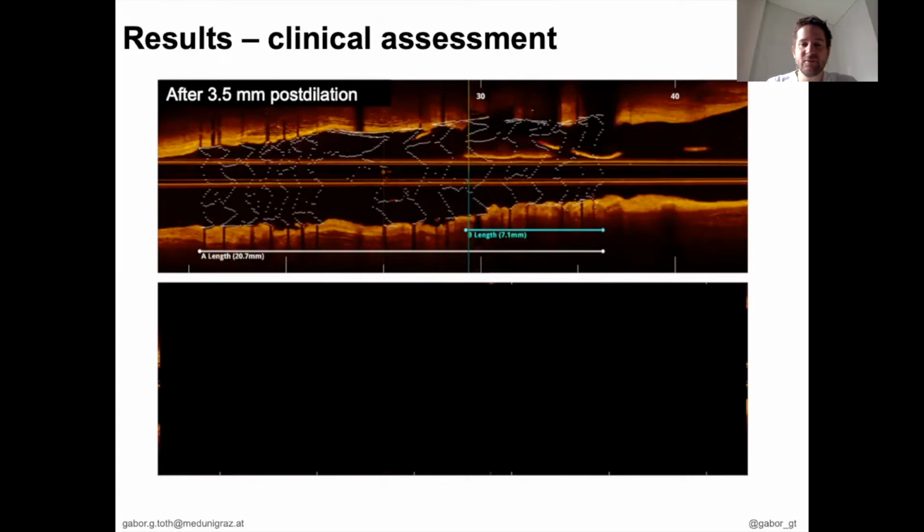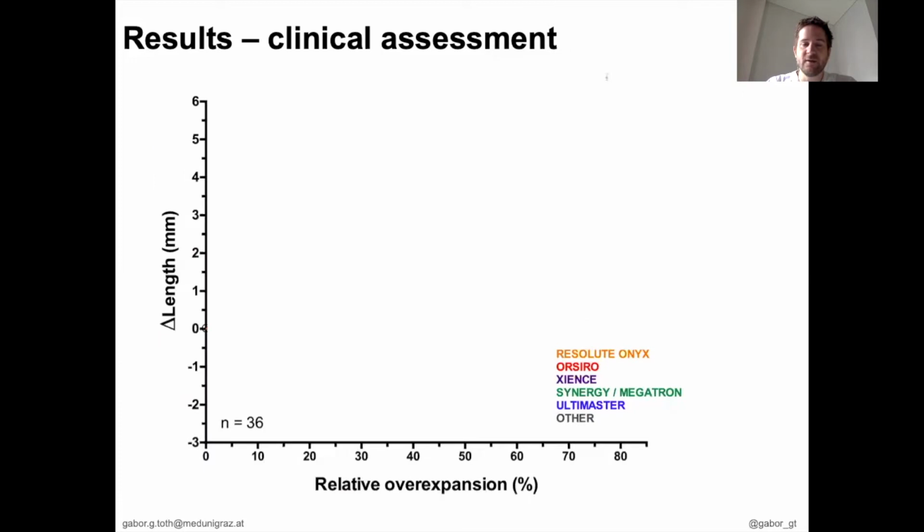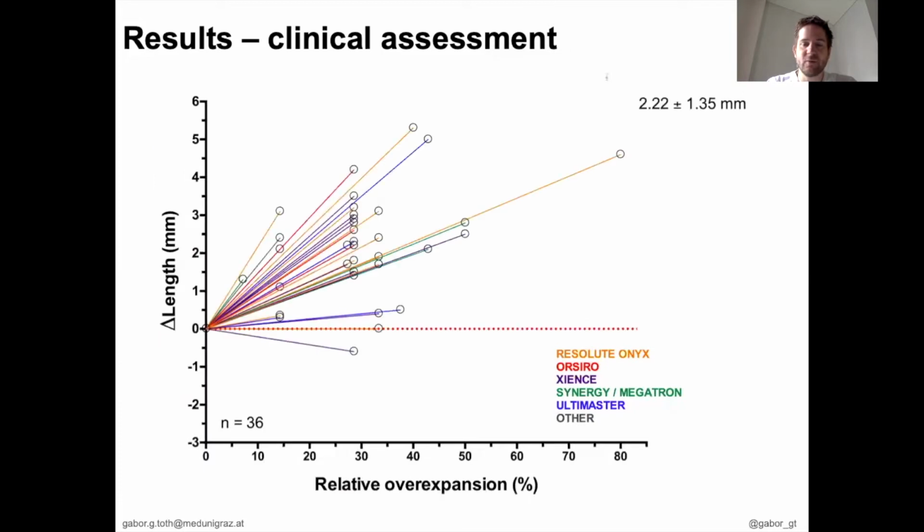And this 3.0 stent was first post-dilated with 3.5 balloon, and then to correct proximal under-expansion, it was post-dilated with 4.5 millimeter balloon, resulting in marked lengthening within the proximal main branch segment. In the entire cohort, more than 2 millimeter absolute lengthening on average for the cases.